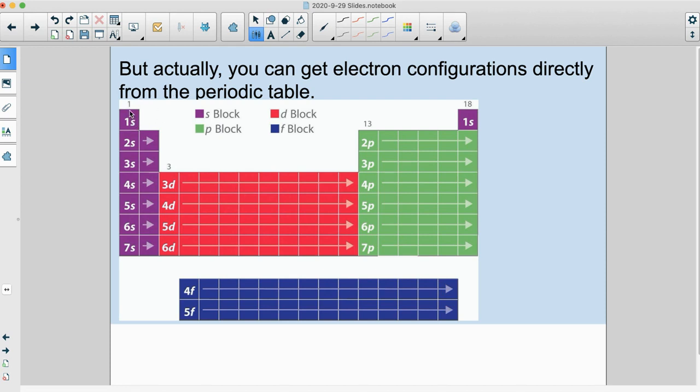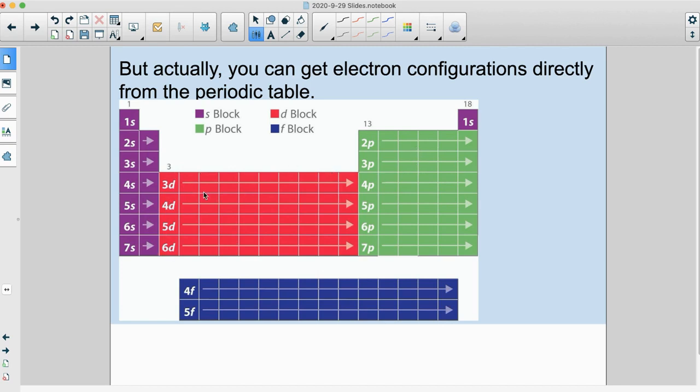So if we look here, these first two groups, group 1 and group 2, and helium over here, are filling something called the s block. These are the s subshells. Their valence electrons will end in the s block. Over here, group 13 through 18, except not helium, their electron configurations will end in the p block, in the p subshells.